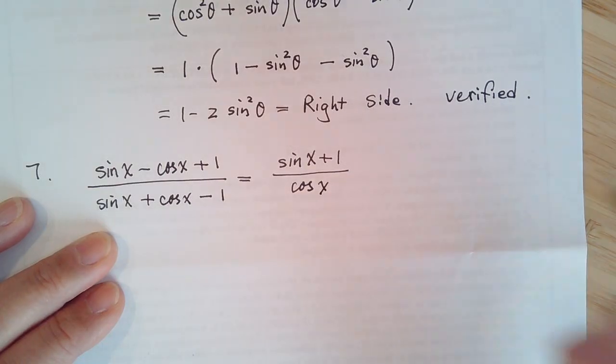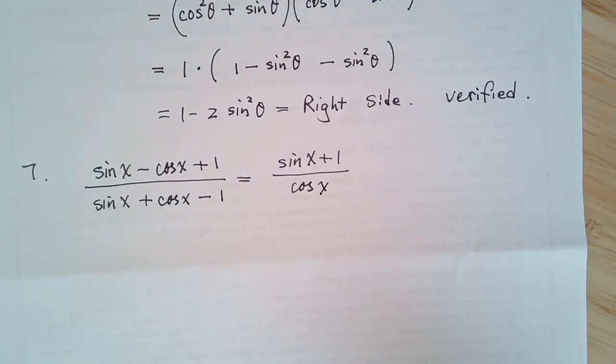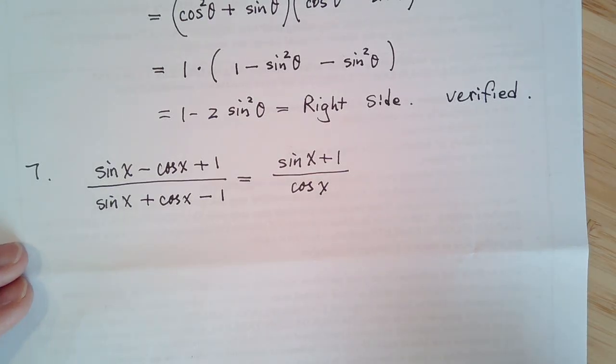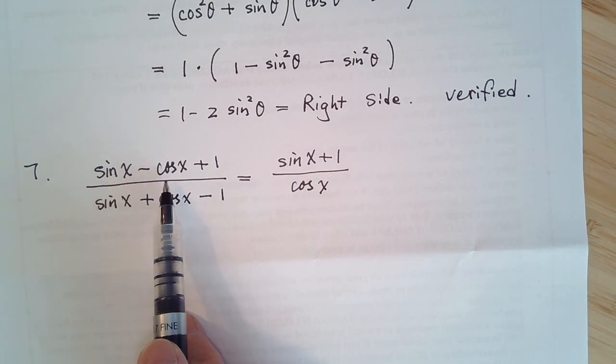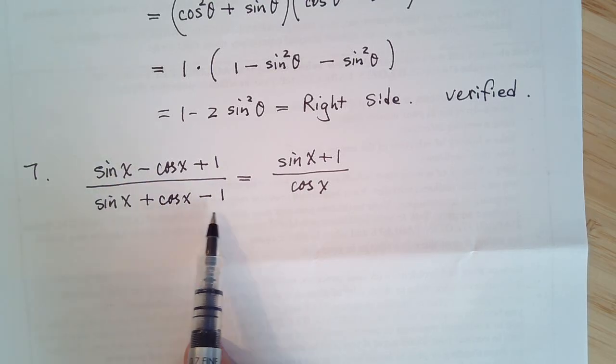You already have a headache? I know. Okay, I would like to pay attention to this left side. The left side is sine minus cosine plus 1 over sine plus cosine minus 1.